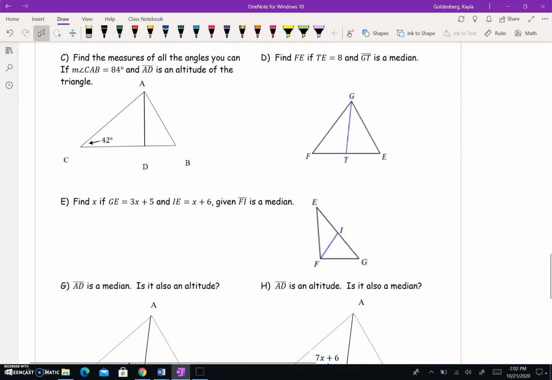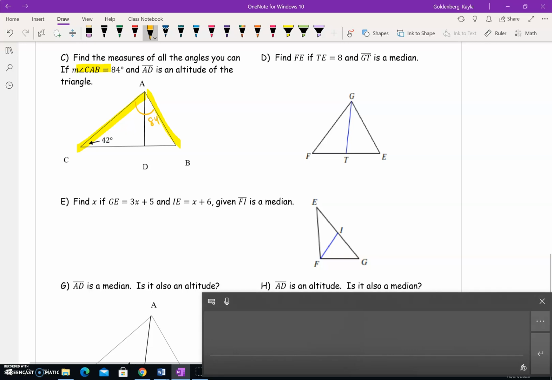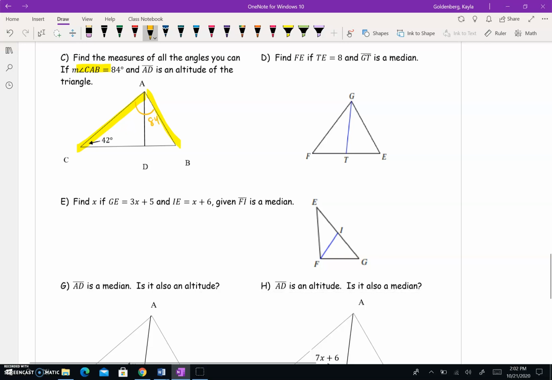Practice problem C says, find the measures of all the angles you can with measure CAB. So following that with my highlighter, this angle, the whole thing is 84 degrees. And they also told us that AD is an altitude. That means I'm allowed to assume this is a 90-degree angle.